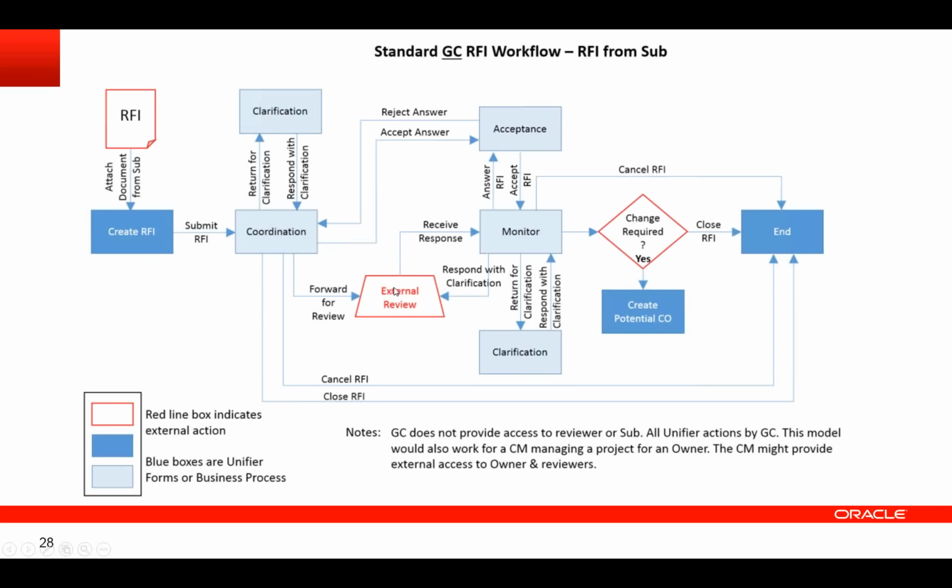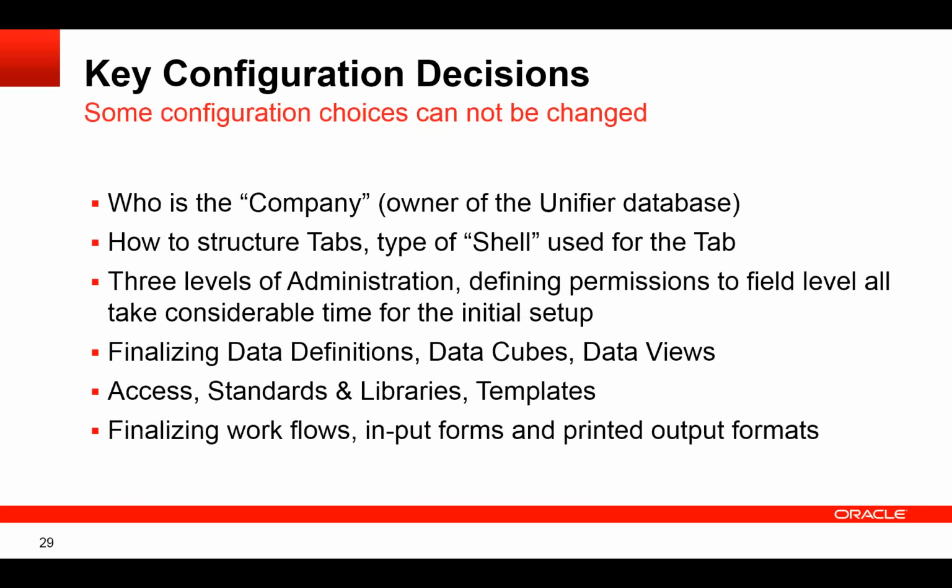Again, any comments that are going on in the owner's or the external party's environment, you're not going to have access to. Okay, and the same thing, when the answer comes back, if it's going to require a change, the business process can automatically create a PCO or whatever follow-on document you would expect to be part of your process.